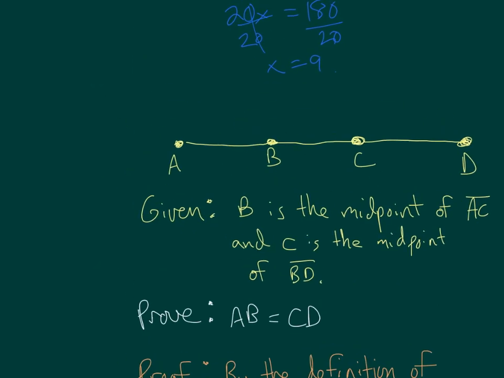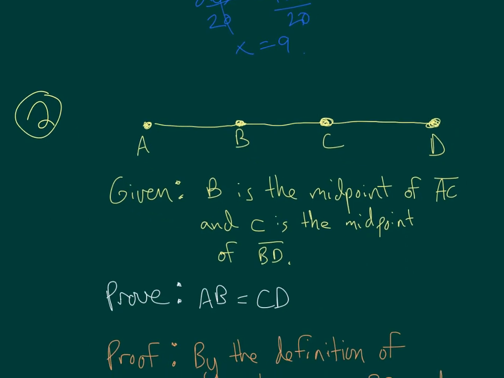Alright, problem number 2. We are given this line segment right here, AB, BC, CD. And these are supposed to represent different cities. They also tell us that B is the midpoint of AC, so that means B is directly in the middle of AC.